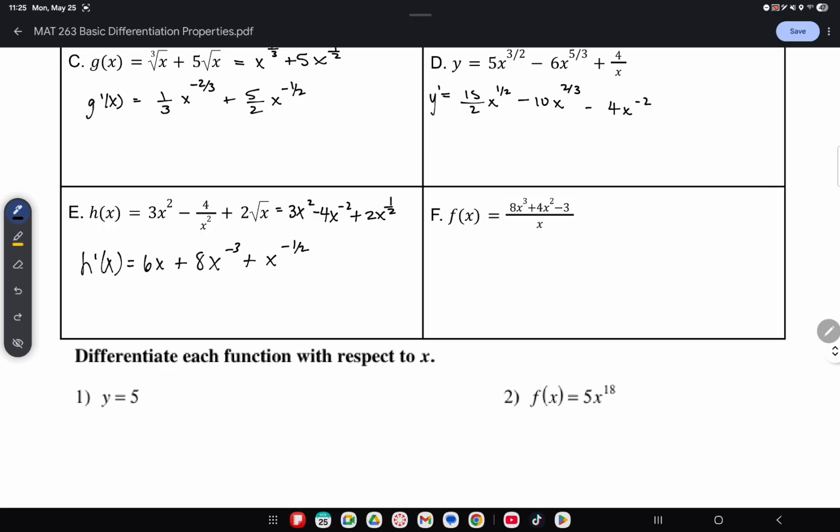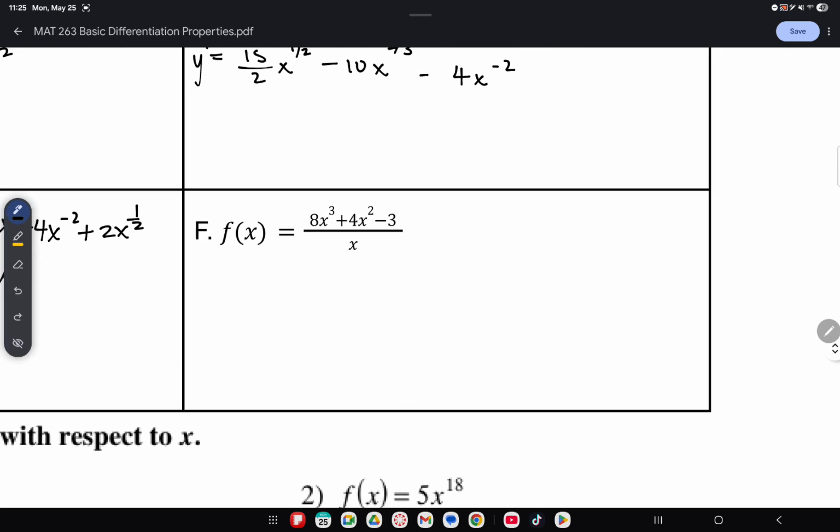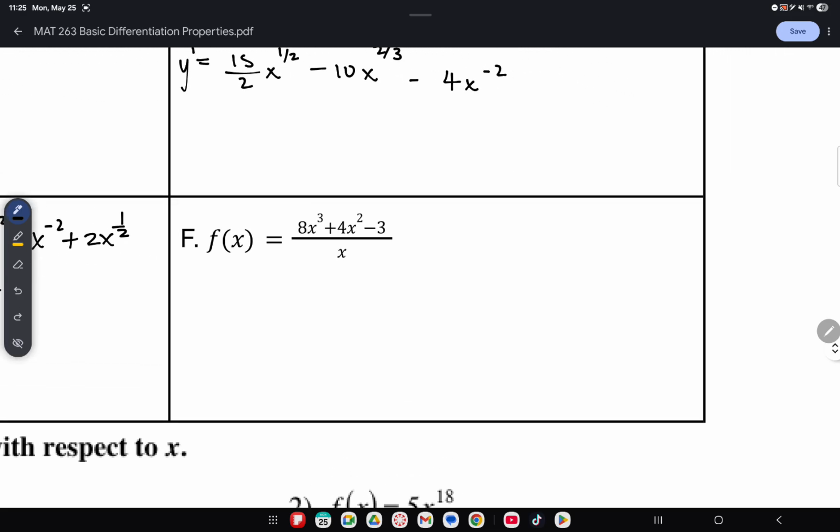All right, so far we have had terms that were just added or subtracted. And right here, I have something that is being divided. So the thing is, we don't have a quotient rule yet. We will eventually. Sometimes it might be easier, though, to simplify or separate things out. So let's do a couple steps here.